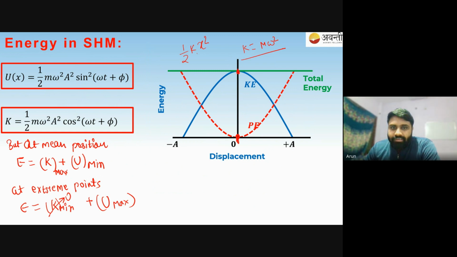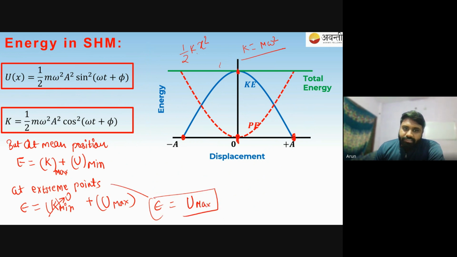You can see in the graph. At the extremities, the kinetic energy is zero and it is varying as a hyperbolic curve. So E is equal to U max at extreme points.